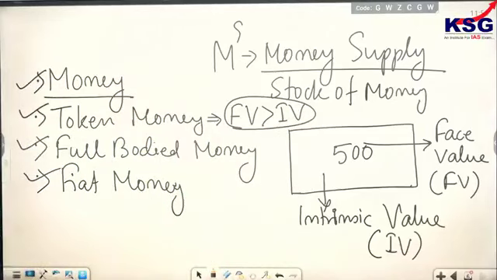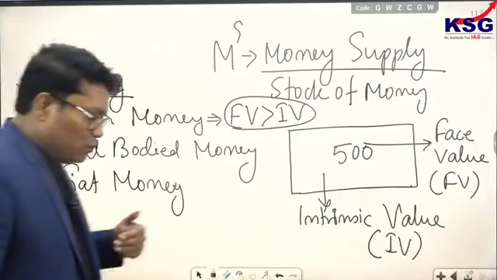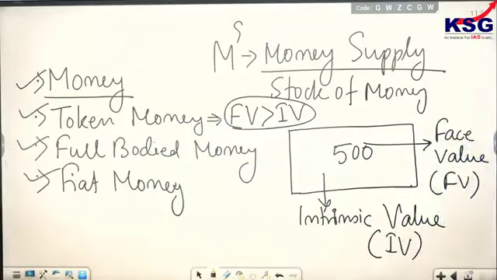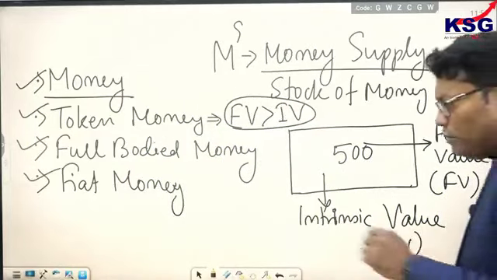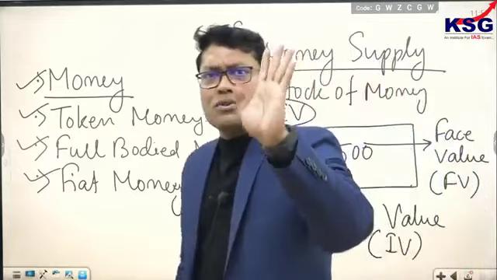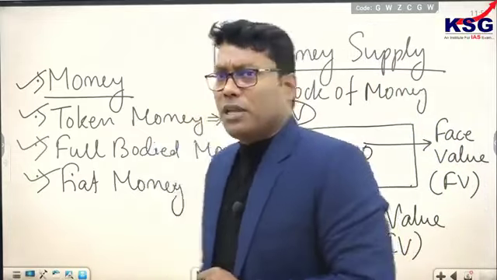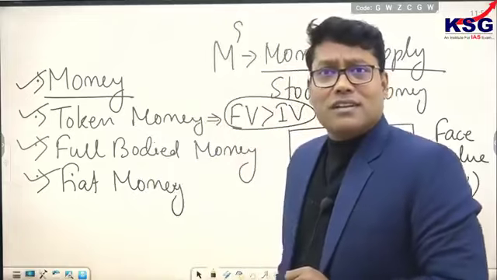Simple. The money you are using, all the money you are using, is in the nature of token money. Why? Because face value is more than intrinsic value.